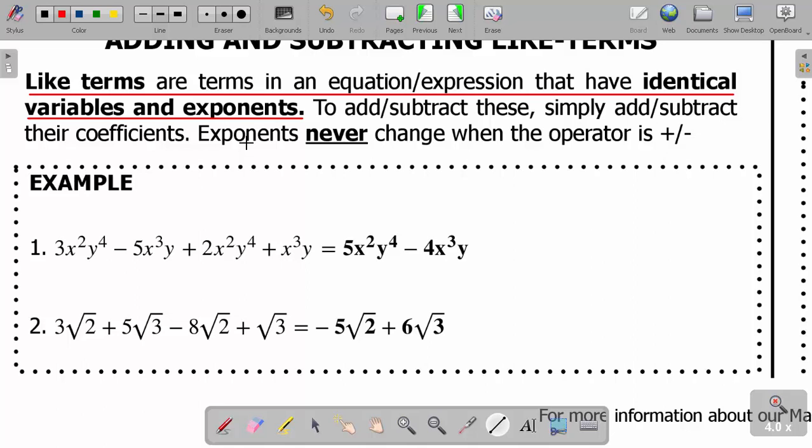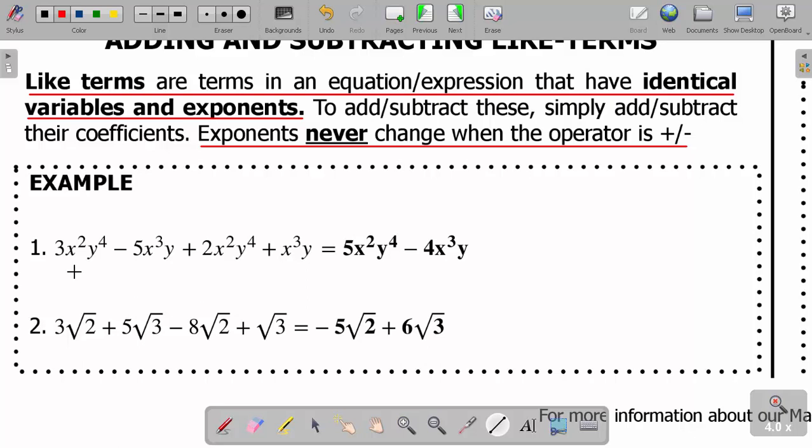And don't forget that exponents never change when the operator is a plus or minus. So when you are adding or subtracting, the power does not change. It only changes when we are either multiplying or dividing. But when we are simply adding or subtracting, we have no change.